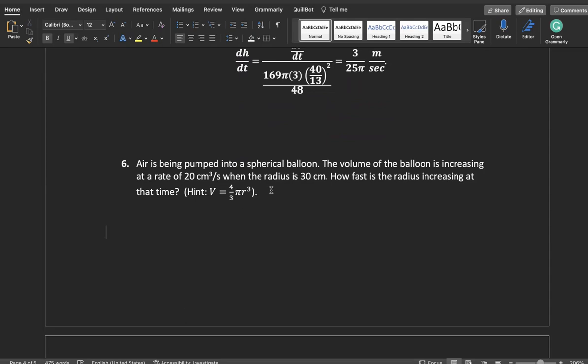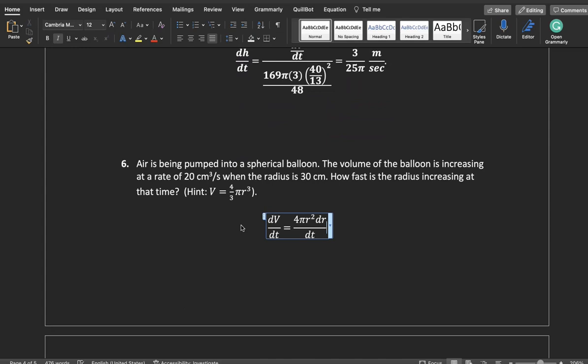We're given a hint here, which is the volume of a sphere. If you use that to find dV over dt, what you get is 4 pi over 3 multiplied by the 3 that comes from the r cubed, so it becomes 4 pi r squared multiplied by dr over dt.